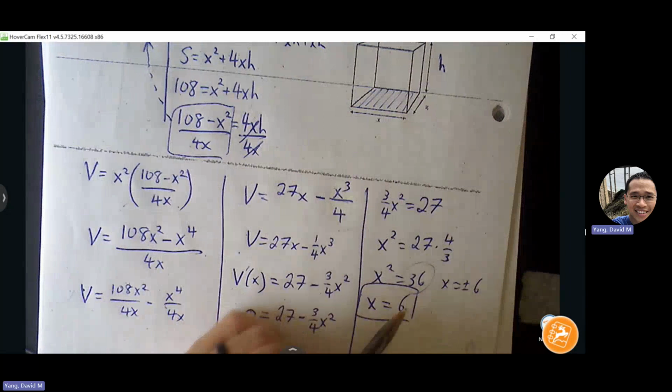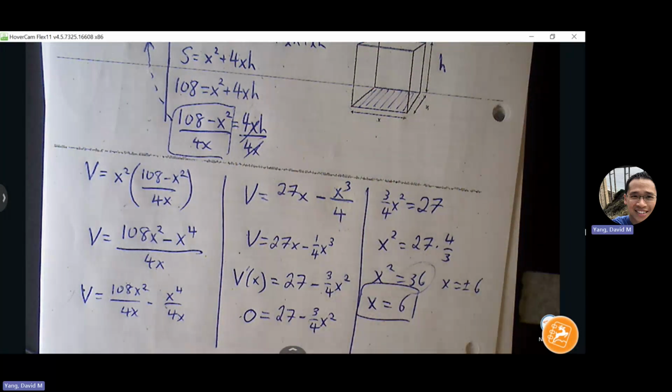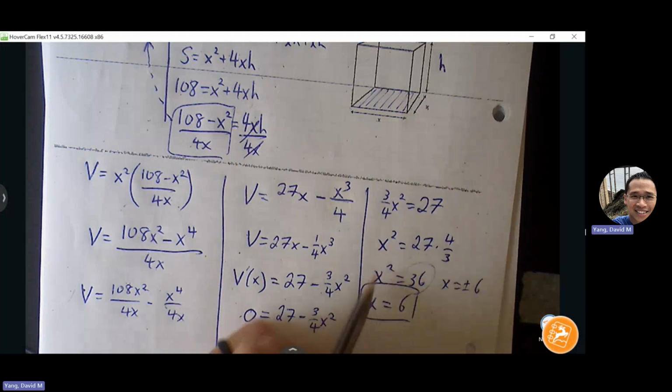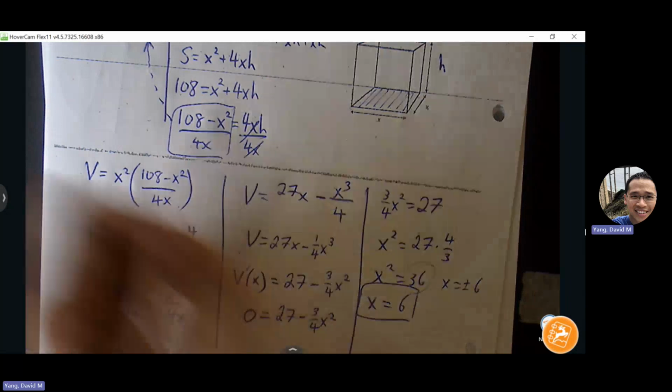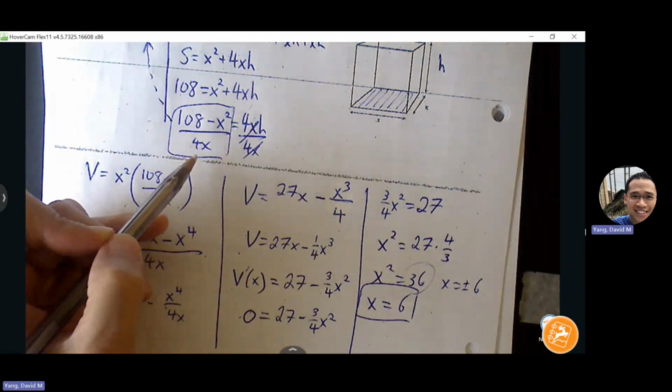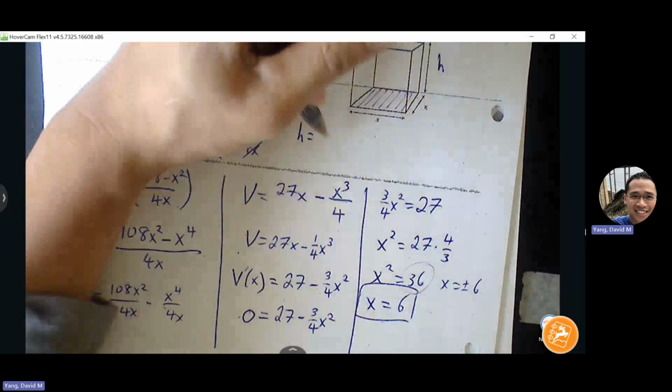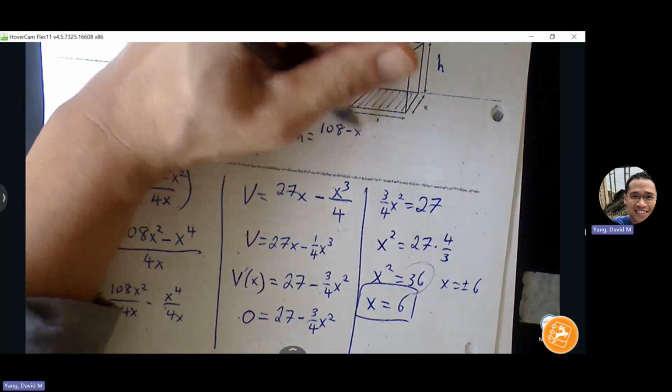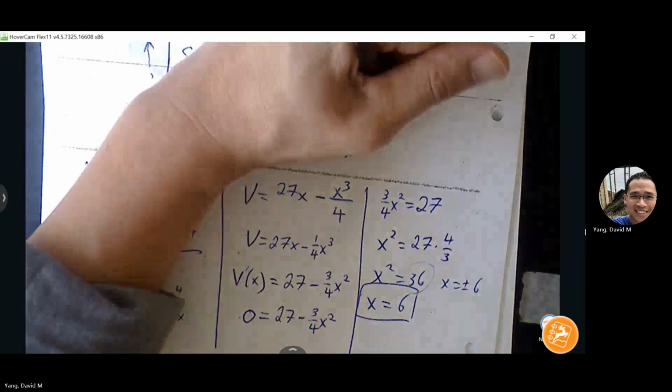Okay, so once you get to this stage, it should feel easy. You're just gathering information that the problem is asking for. So don't think, I gotta create a height equation. You already have an equation available for you to use. Okay, so height is 108 minus x squared over 4x.